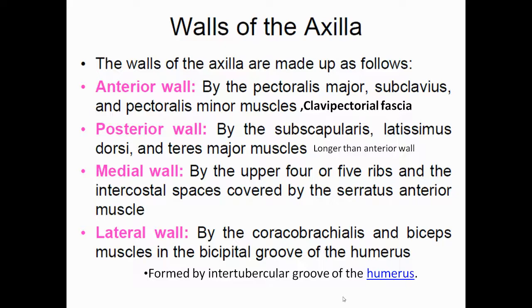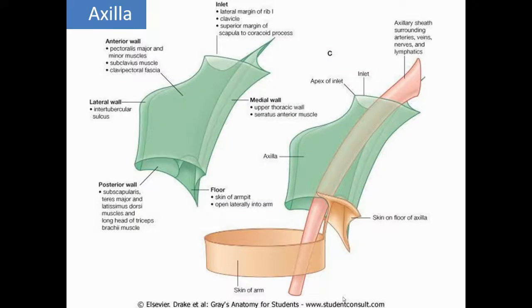The medial wall is formed by the upper four or five ribs and the intercostal spaces covered by the serratus anterior muscle. The lateral wall is formed by the coracobrachialis and biceps muscles and the intertubercular groove of the humerus.